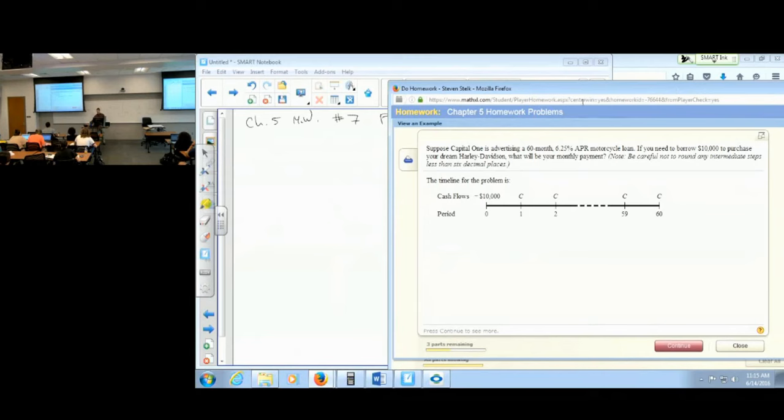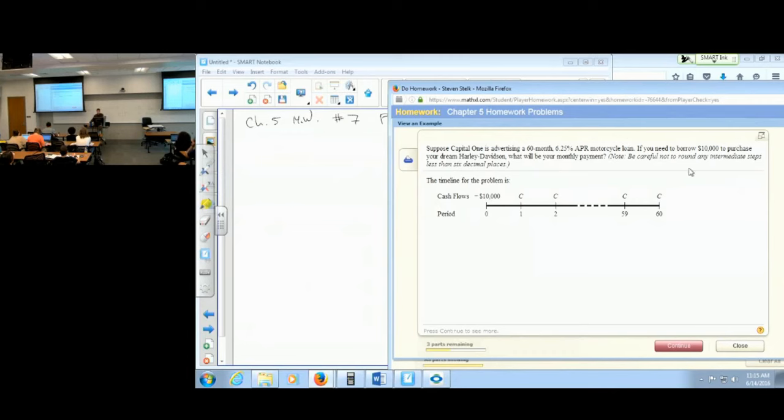Okay, so number 5 says, suppose Capital One is advertising a 6.25% APR motorcycle loan. If you need to borrow $10,000 to purchase your dream Harley Davidson, what will be your monthly payment?